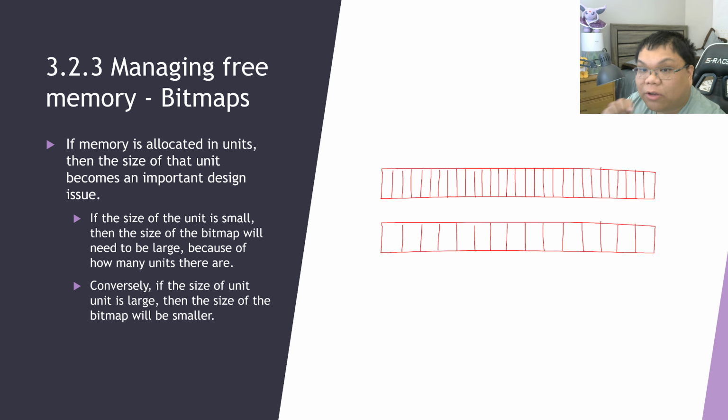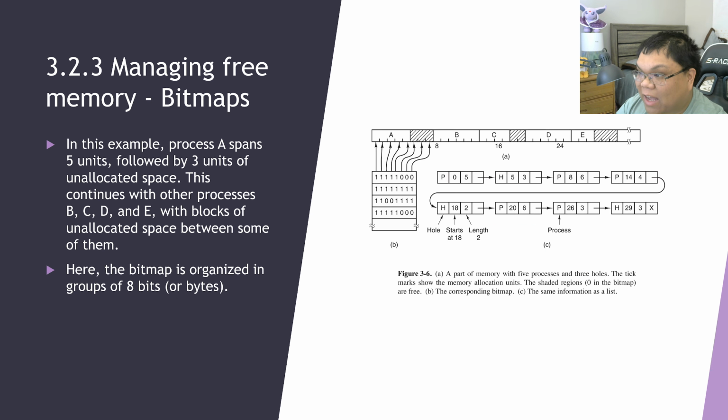This means to keep track of all these pieces, we need a larger bitmap. Conversely, if we make the size of the unit large, there are fewer units to keep track of, therefore we need a smaller bitmap. So how large your unit is affects the size of your bitmap.